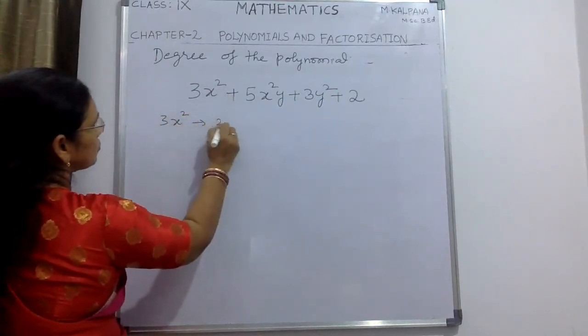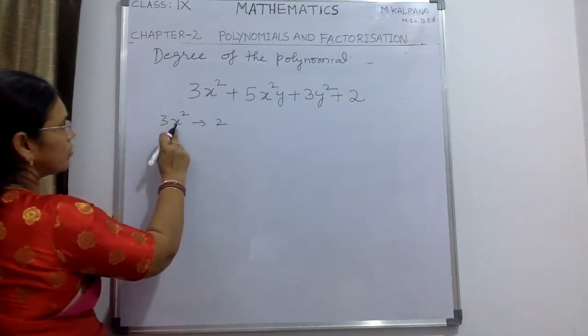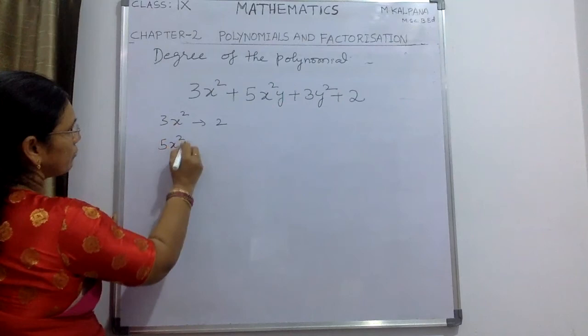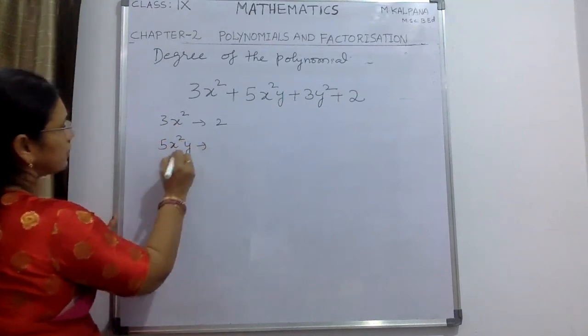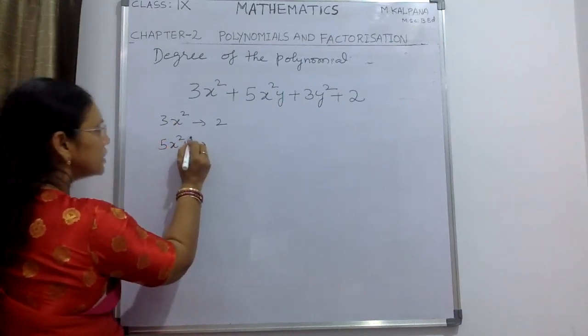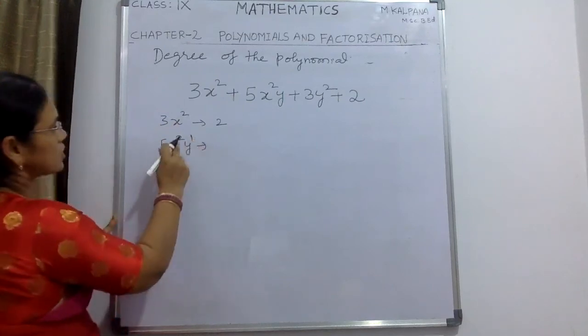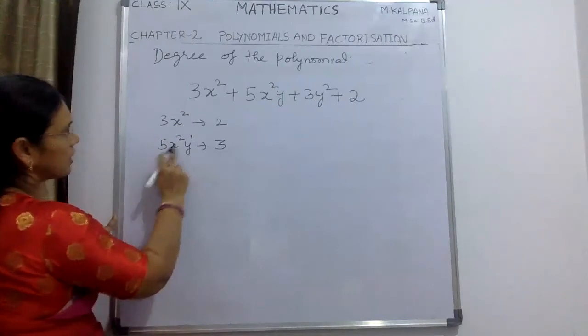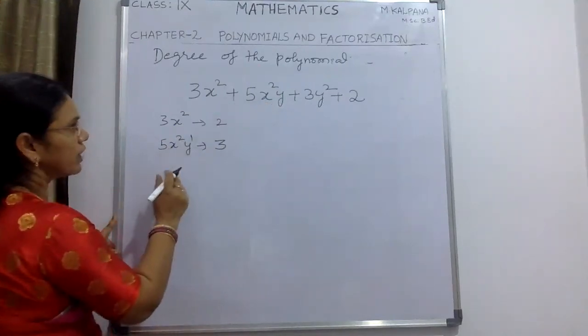Degree is 2 because the exponent of the variable is 2 here. What is the next term? 5x square y. Here what is the degree? y is with exponent 1. So the sum of the exponents is 2 plus 1. So 3 is the degree of the second term, 5x square y.